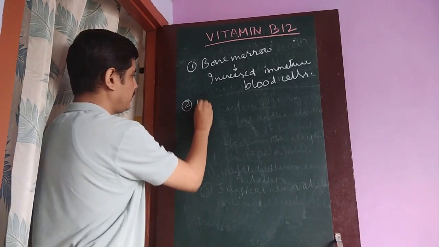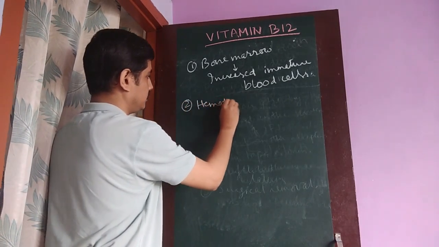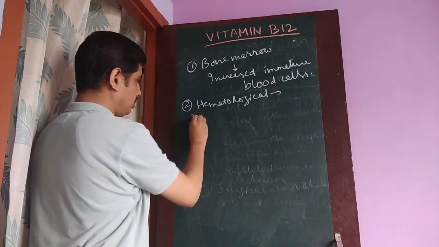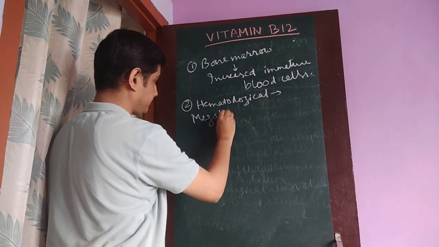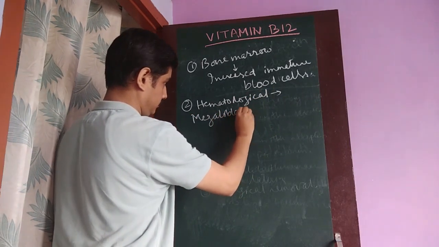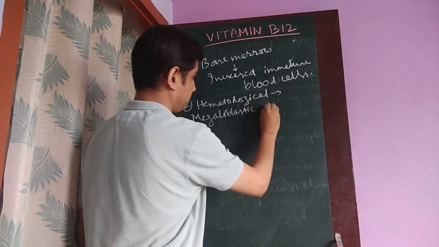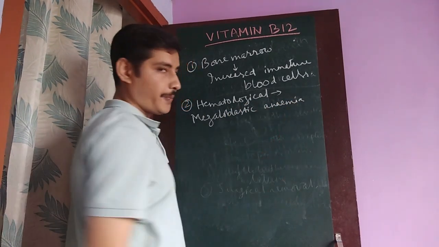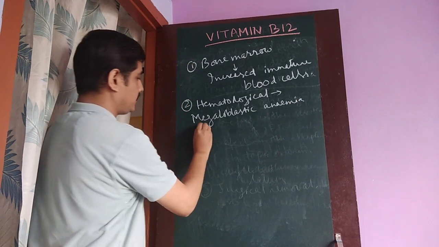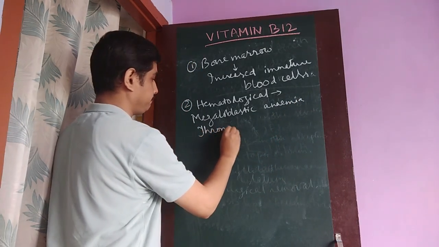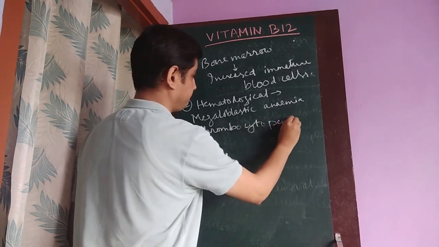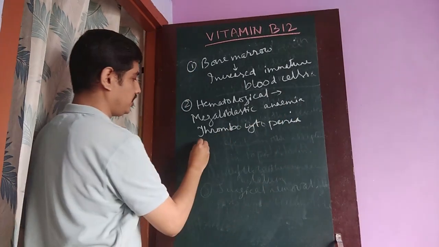Then hematological findings: we get megaloblastic anemia, the cell size will be more, then thrombocytopenia, and there will be granulocytopenia.